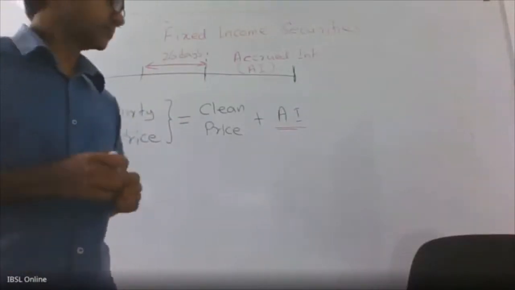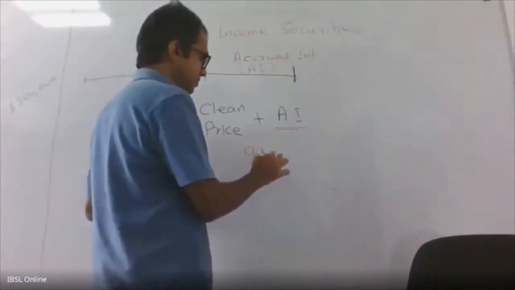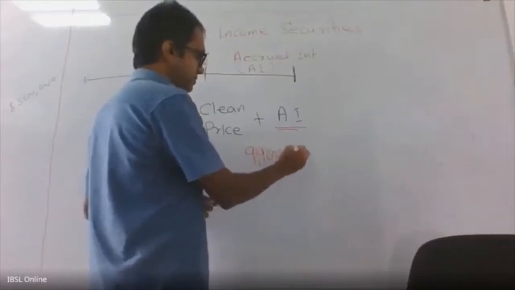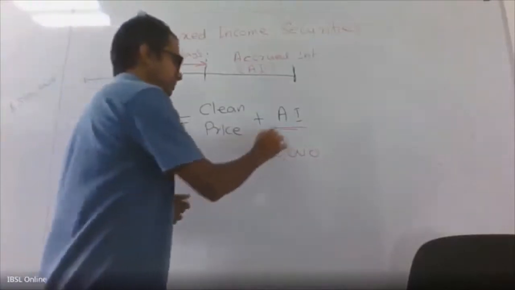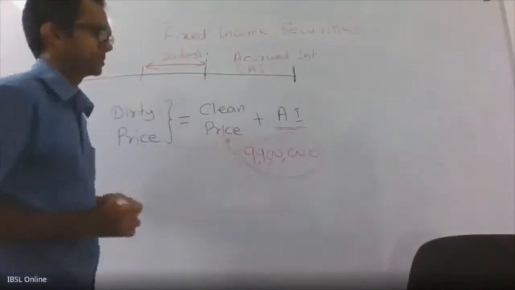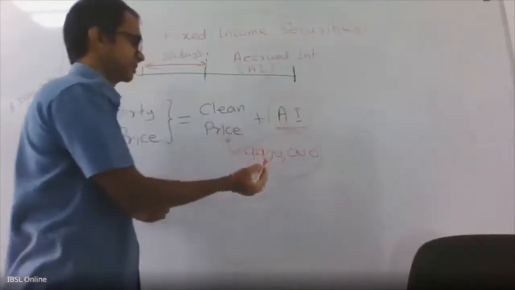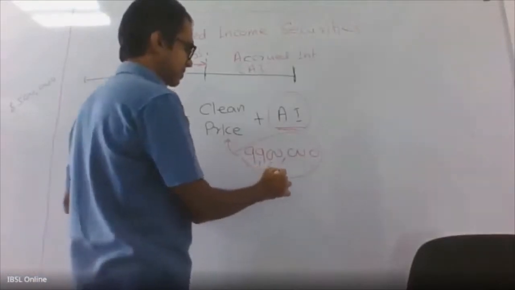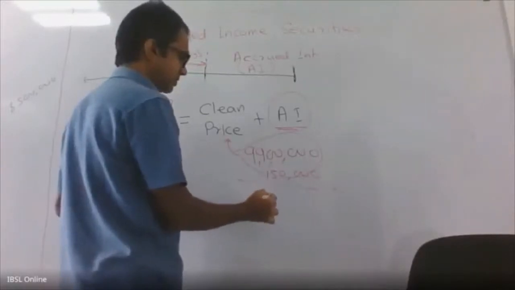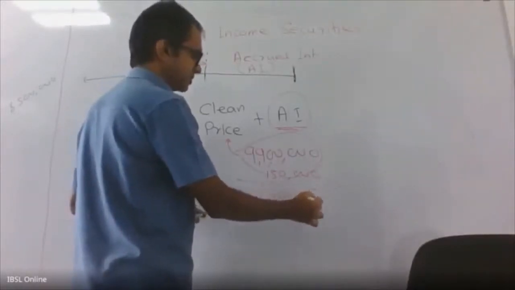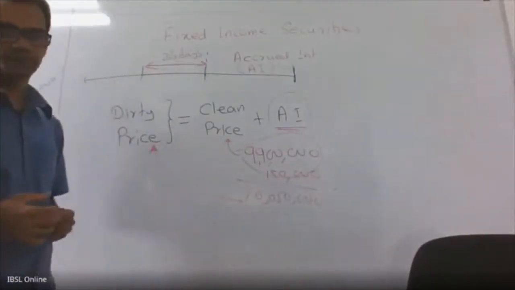Say you agree to buy it paying 9.9 million. That is the clean price. And on top of that, you have to pay this accrued interest. Say it is 150,000. So the total, 10,050,000, is the dirty price.